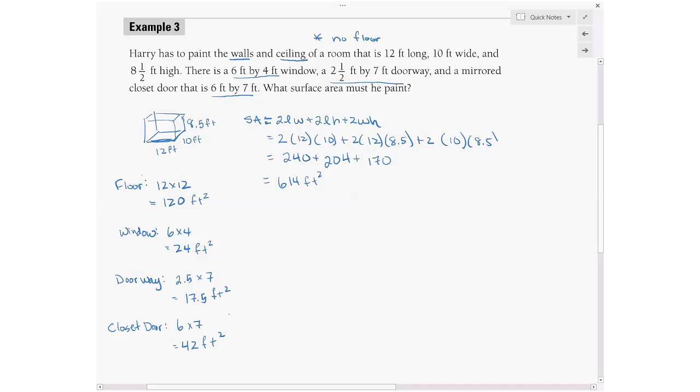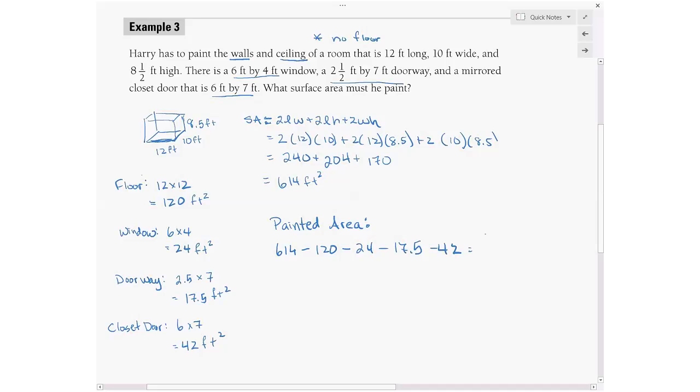So basically, we're painting this entire box here on the inside. We're covering the entire surface with paint except for these things. So when we're talking about except for, we're subtracting. So painted area is 614 minus 120 minus 24 minus 17.5 minus 42. Alternately, you could add these all up and then subtract the total from 614. You're going to get the same result.